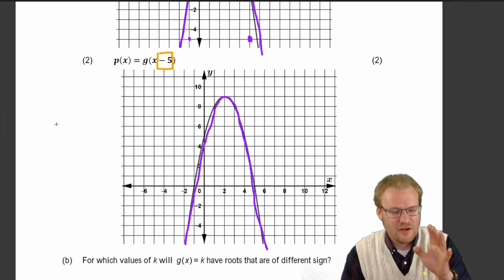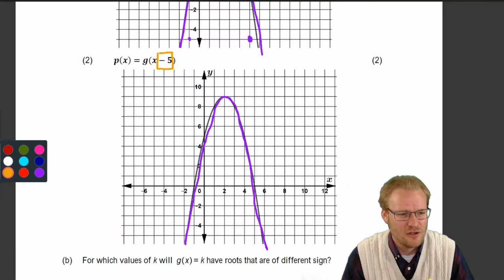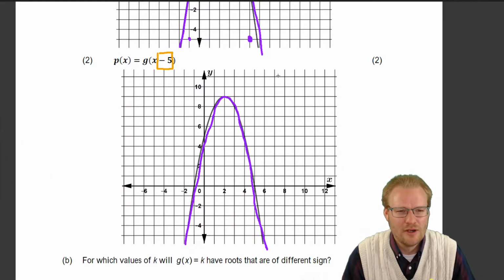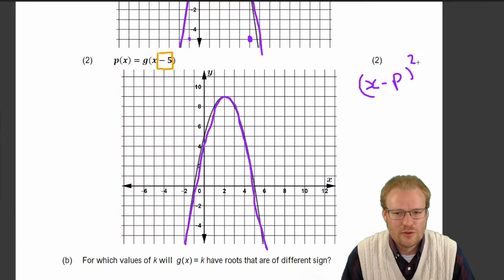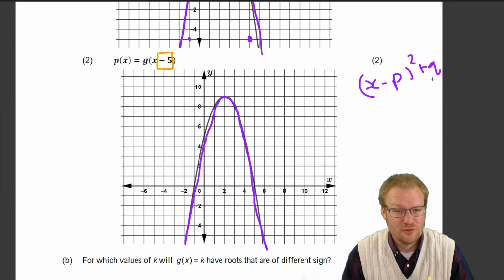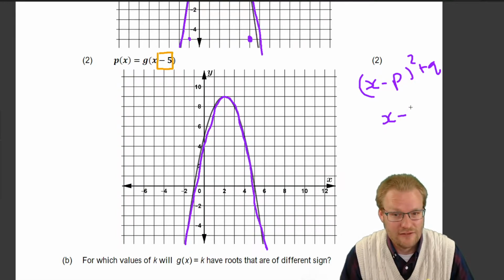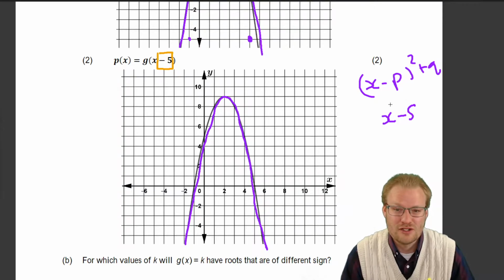As a hint, for those that are Edpuzzling it up, consider a function like (x minus p) squared plus q. Like that would maybe be turning point form for a parabola. Think about this minus p. If you had an x minus 5 over there, what would that do?